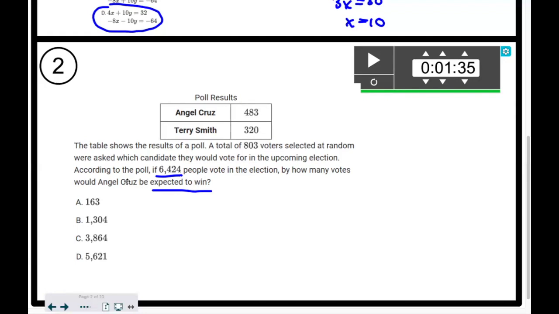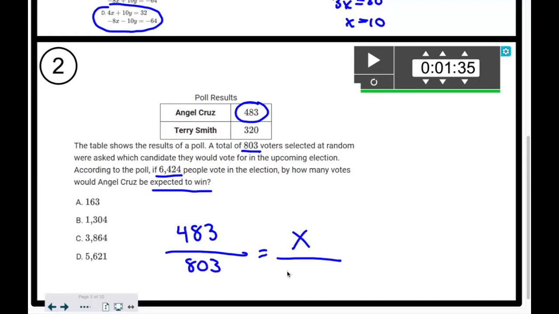If we just focus on Angel Cruz, that's 483 votes out of the total 803. That should equal however many Angel Cruz is expected to win out of the total 6,424.